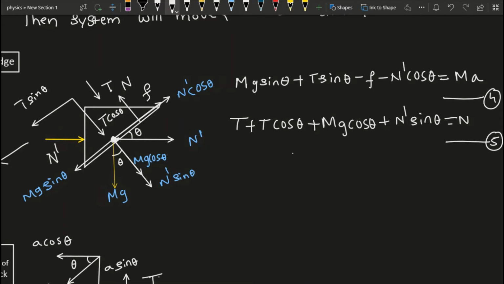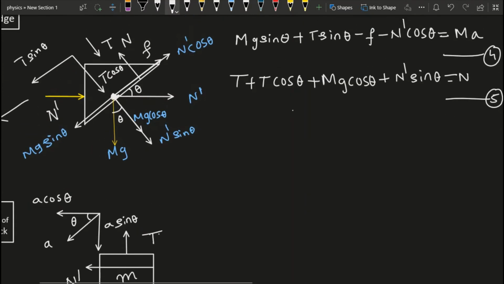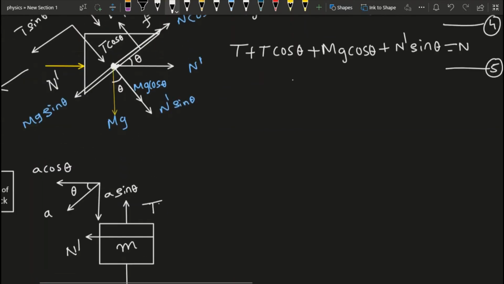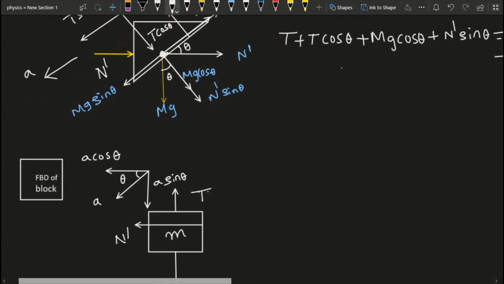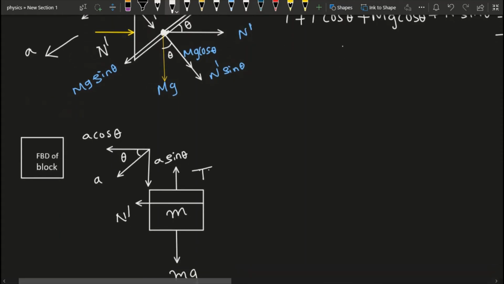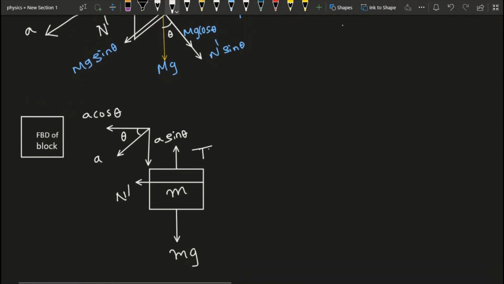Next, what we have to do? We have to observe carefully what we are doing here. Now let us come to the FBD of block. Now we are considering the FBD of block when the system is moving. So here you can definitely see that there is a motion of small m relative to the ground, and I have resolved the acceleration also.